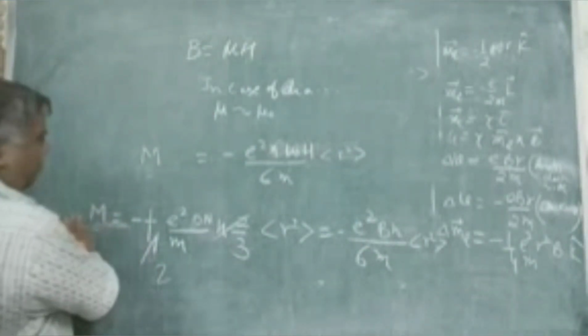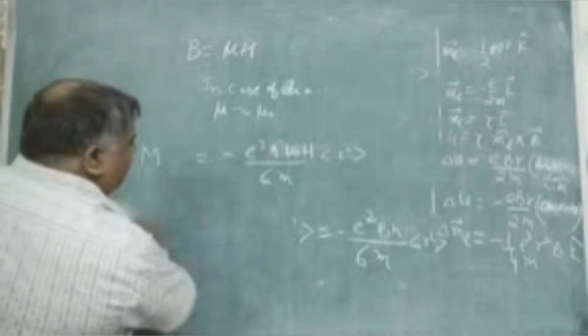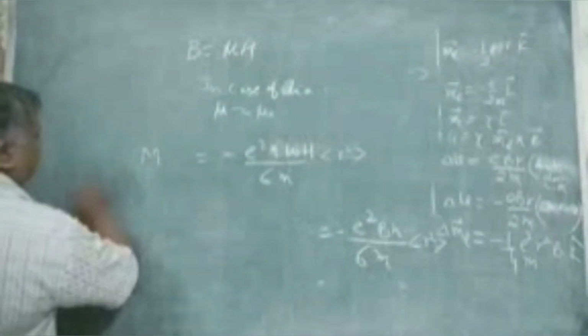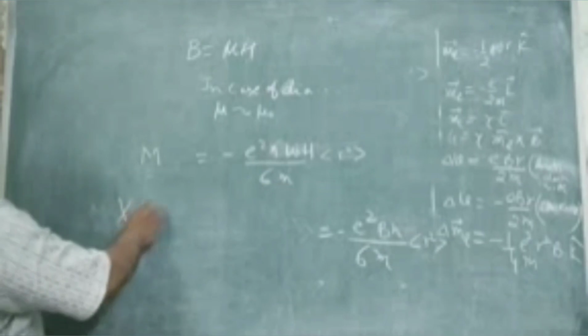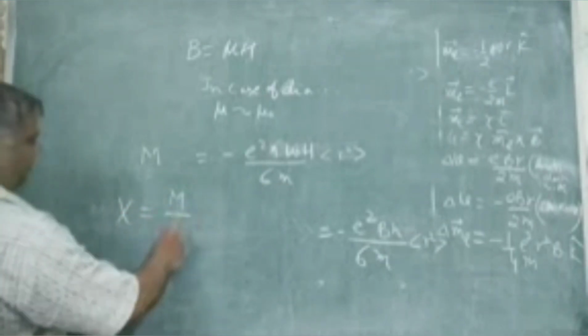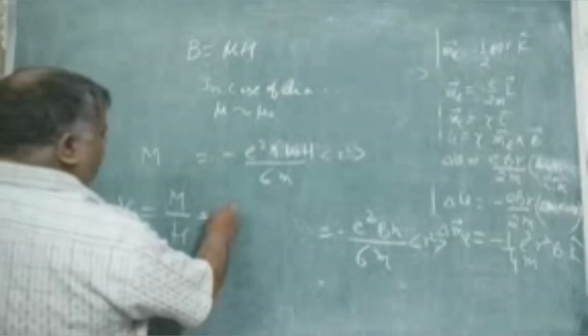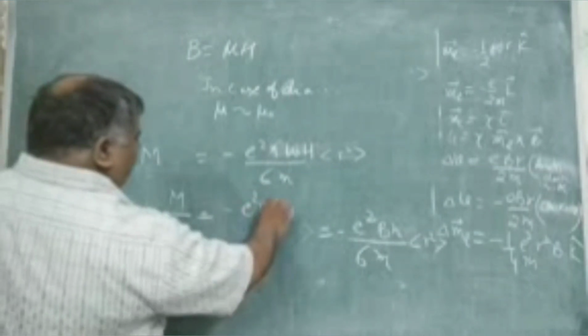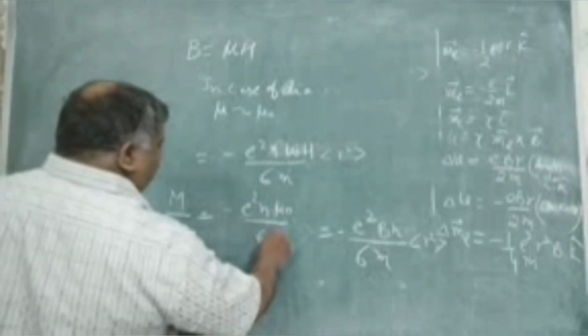The expression for magnetic susceptibility, M over H, is equal to minus e square n mu naught R square over 6m.